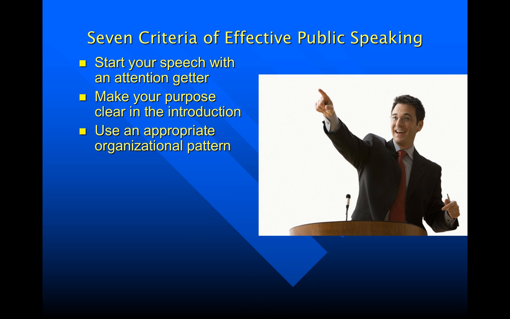And in the conclusion, you summarize those main points, and then you have a clinching statement for your end. When I talk about an appropriate organizational pattern, for this public speaking class, those are the components that I'm looking for: an introduction, a body, and a conclusion.